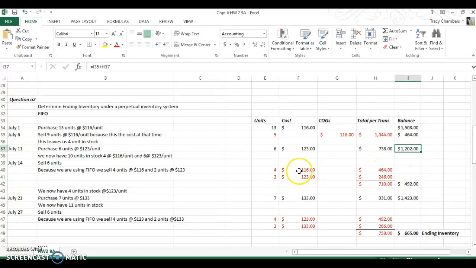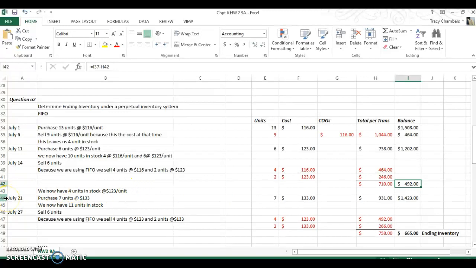I just took 4 times 116, which gives me 464, and 2 times 123 gives me 246. Add them together, and that gives me a total of $710, which I deduct from my balance, giving me $492. So we now know that we have 4 units in stock at $123 per unit.